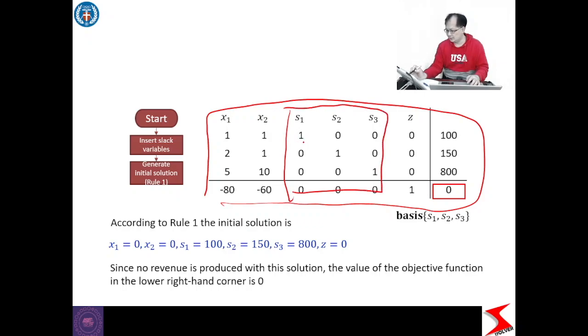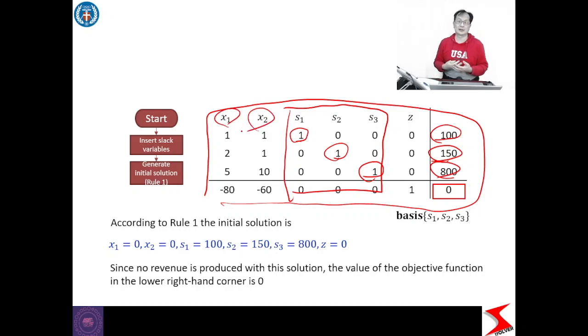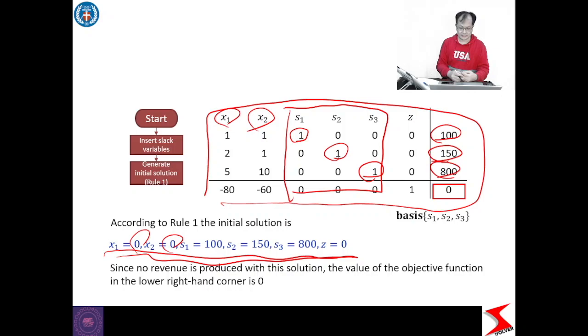So S1 is 100, S2 is 150, S3 is 800. For X1 and X2, because they are non-basic variables, the value is 0. So the initial solution is X1 equals 0, X2 equals 0, S1 equals 100, S2 equals 150, and S3 equals 800. Z is equal to 0.